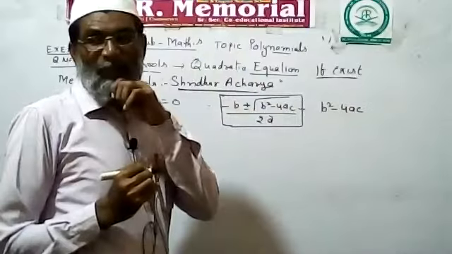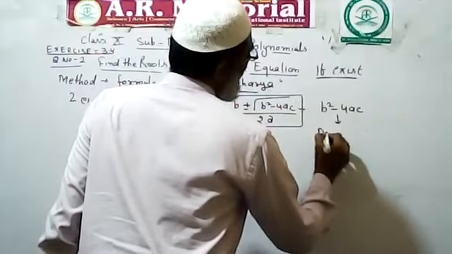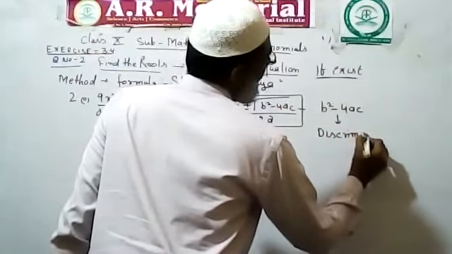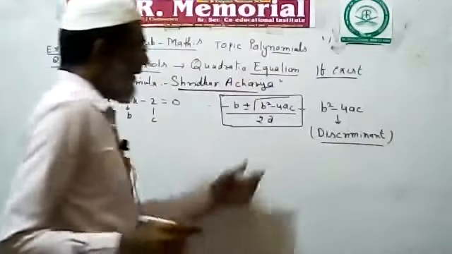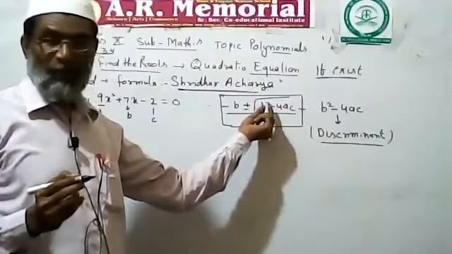This portion is called the discriminant. This is b square minus 4ac, taken from this part.